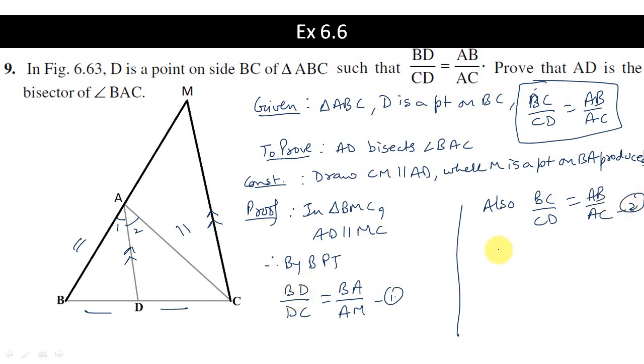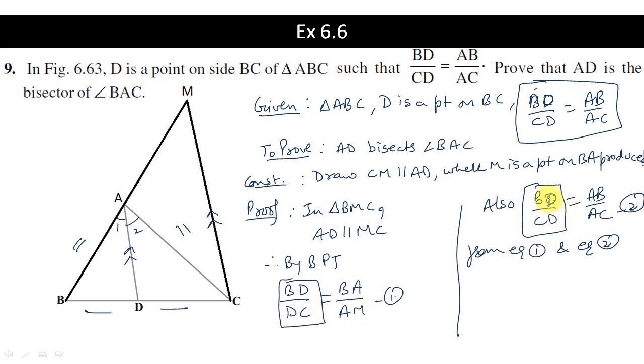So when we compare equation number 1 and equation number 2: we are given that BD upon CD is equal to AB upon AC, and here also we have BD upon DC is equal to BA upon AM.